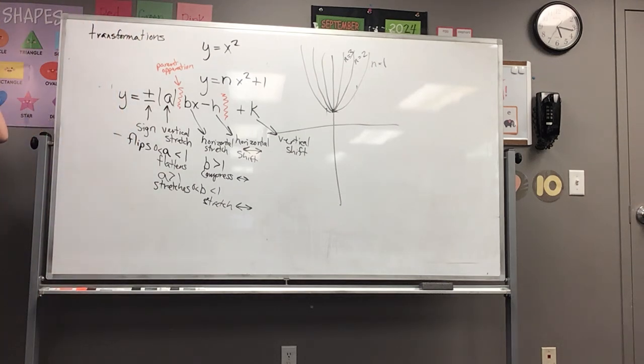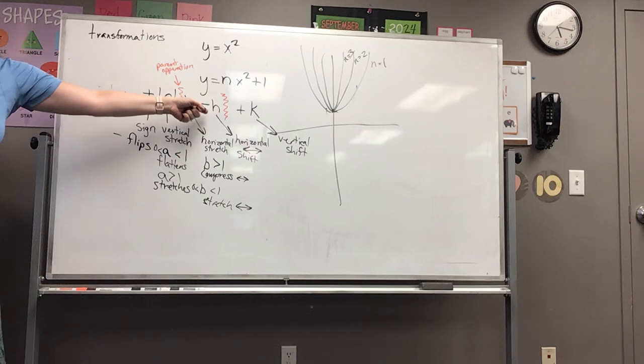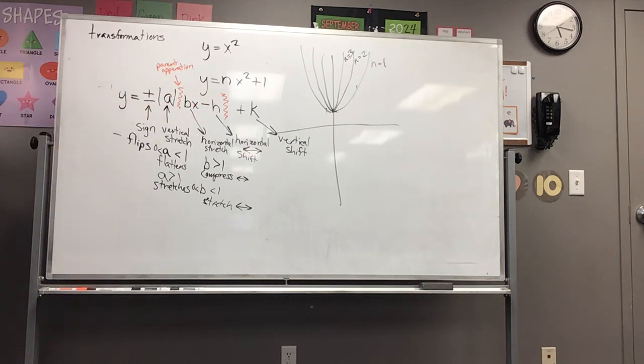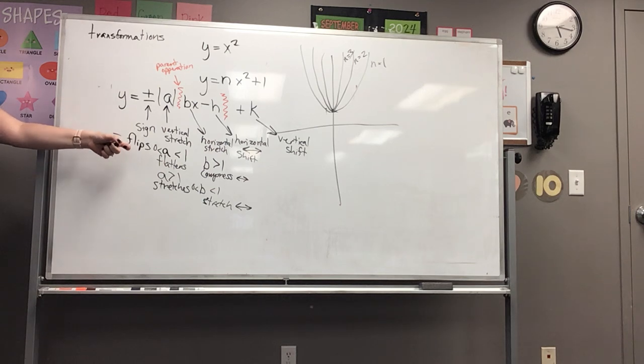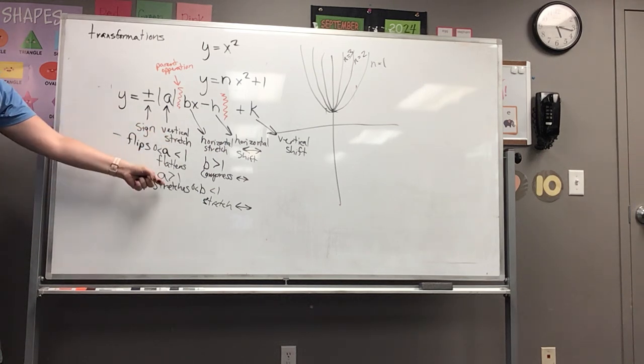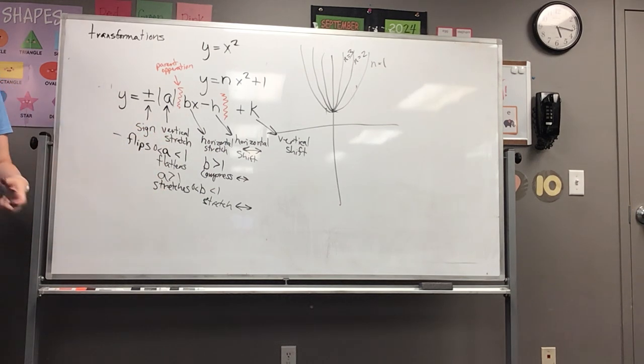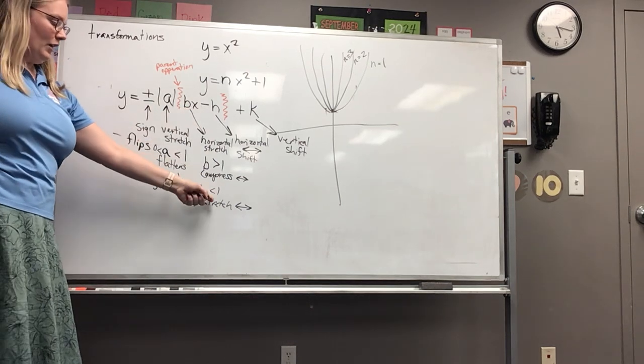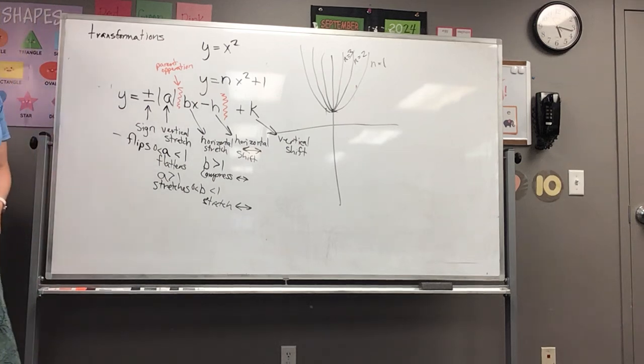And so you're probably more familiar with the one we're going to talk about next. But know that inside the operation, it does the exact opposite. Before, if it was bigger than 1 outside, it stretched. But inside the operation, if it's less than 1, that's what causes it to stretch out. It's the exact opposite of what you've done before.